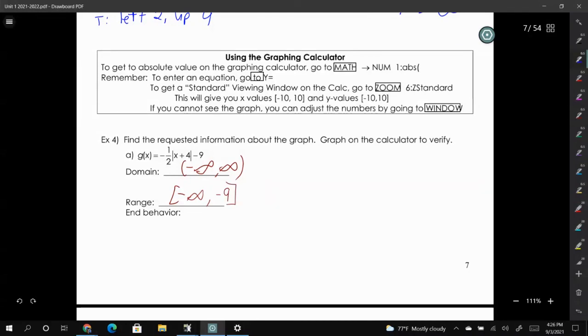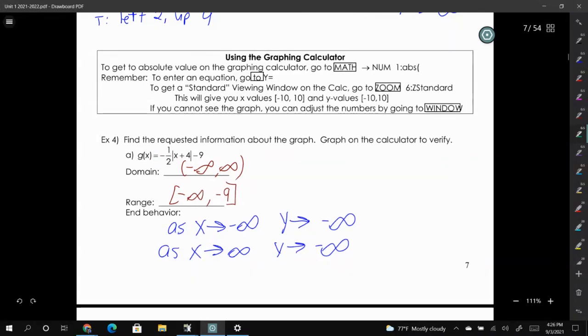And then the end behavior, as x approaches negative infinity, y approaches negative infinity, because the left side is going down. Both sides are going down here. And you could have also gotten that because of the negative sign.